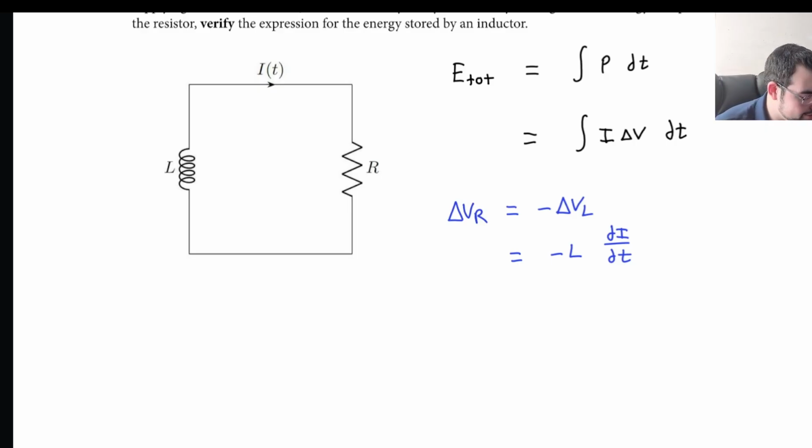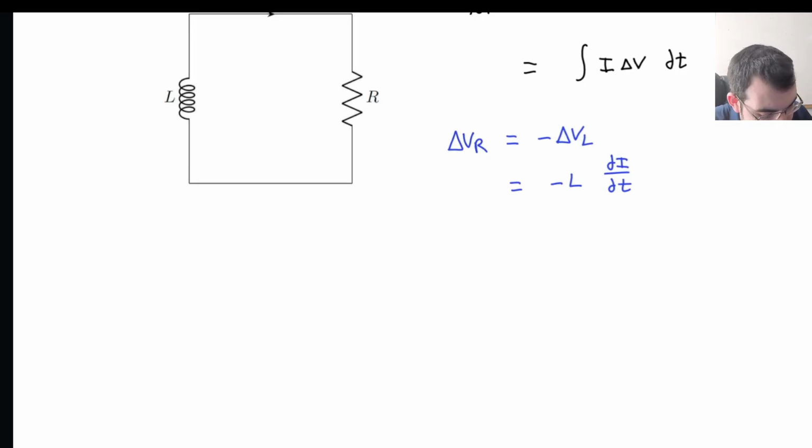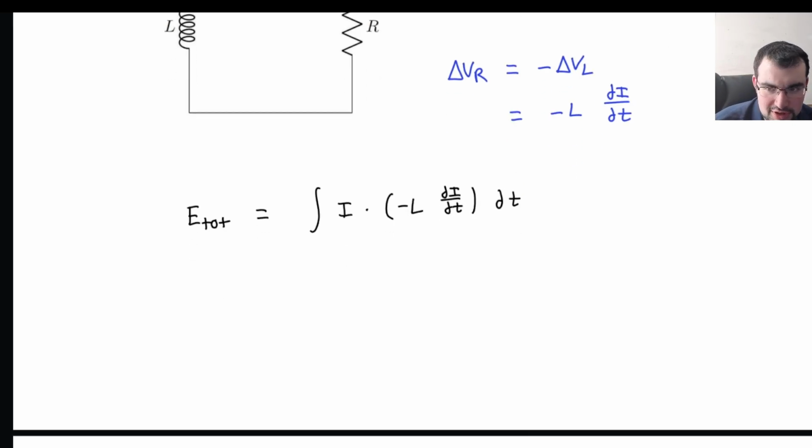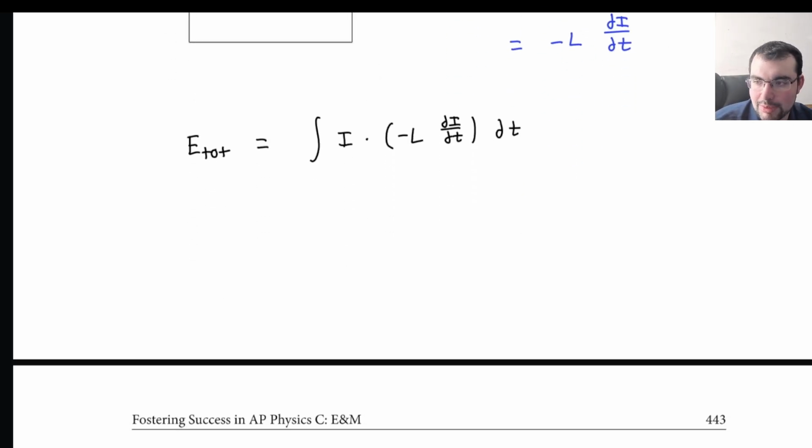So we can plug in for delta V of the resistor now. This means our total energy is just the integral of I, which is I, and delta V is negative L di dt, dt. We see something interesting happen, and this is really beneficial for us because it means we don't need time dependence at all.